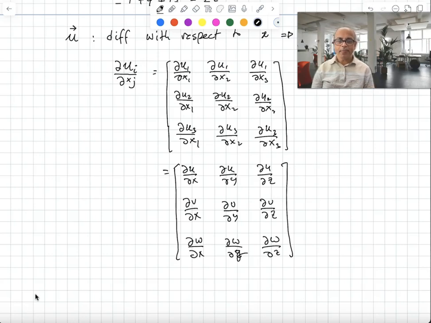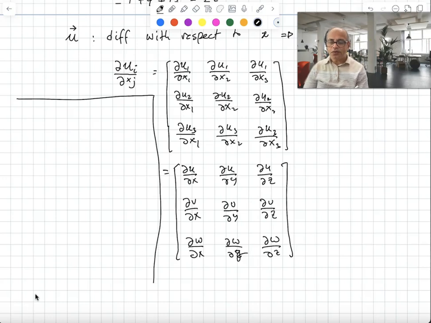I'm not blaming Einstein, but it could easily be blamed on Einstein. When you are looking at u_i, that means you are saying u1, u2, u3. So that is the standard notation.